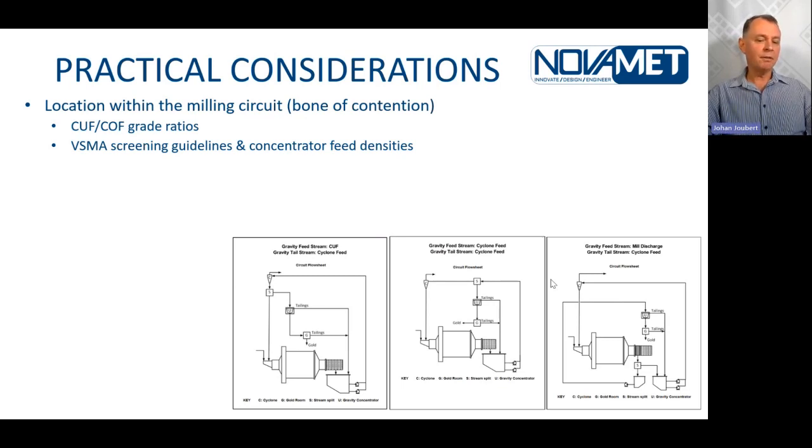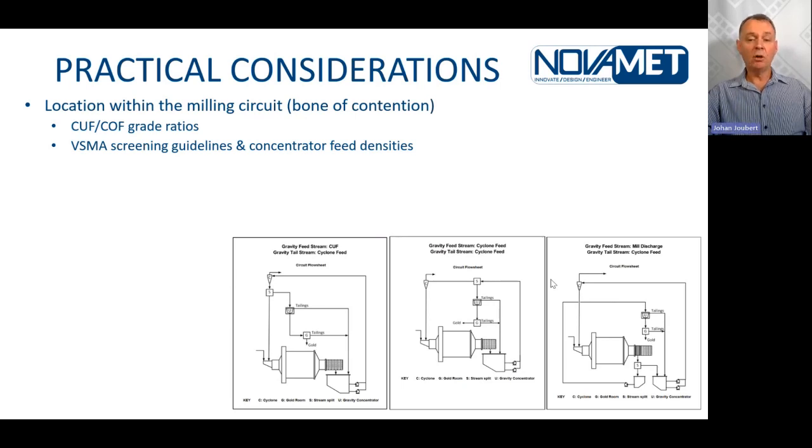If we just look at the cyclone underflow to cyclone feed grade ratio, the moment you install just one concentrator, your whole circulating load starts dropping and it will reach a new equilibrium. And the more you install, the more this equilibrium moves closer to the actual grade of the cyclone feed, which then totally negates the reasoning for putting it on cyclone underflow.